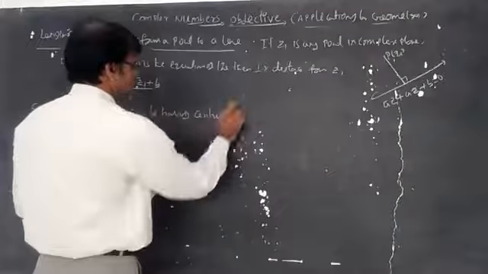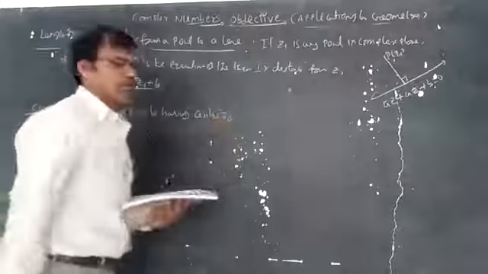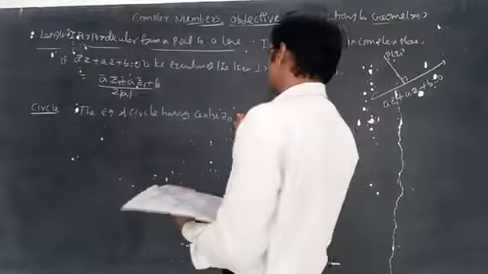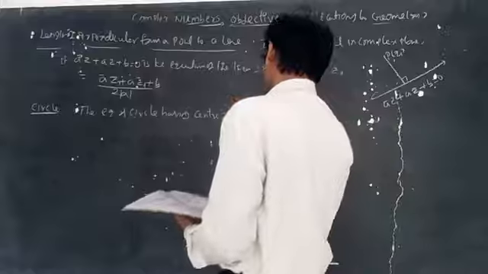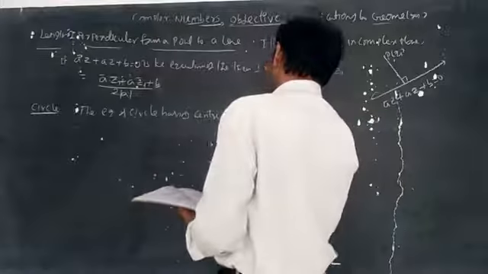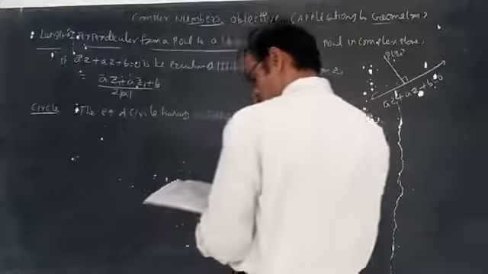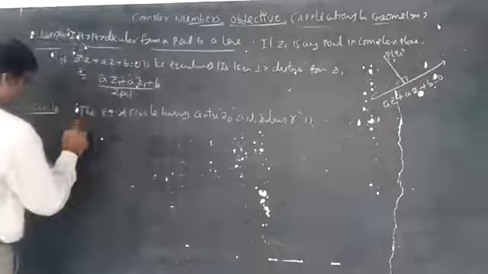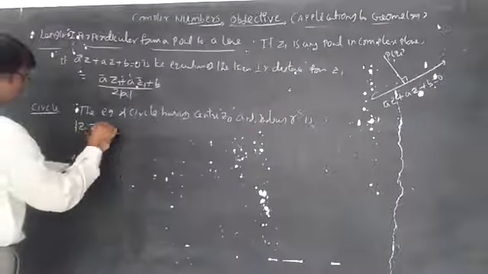You can understand z0 as h comma k, so h plus ik is a complex number. The circle having center z0 and radius r is modulus of z minus z0 is equal to r.